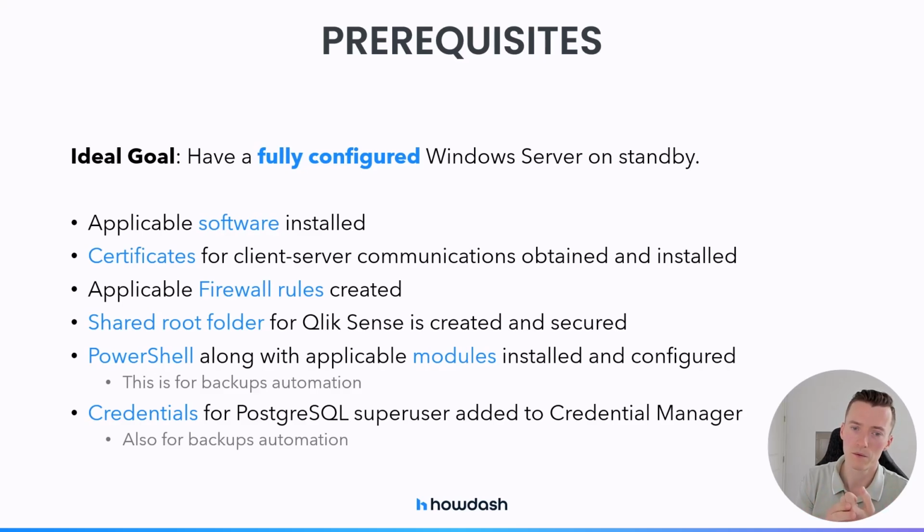This is mostly applicable if your backups are automated, as well as credentials for PostgreSQL super users added to Credential Manager. That one's also applicable only for backup automations. So this is something that I aim to have on my standby servers.